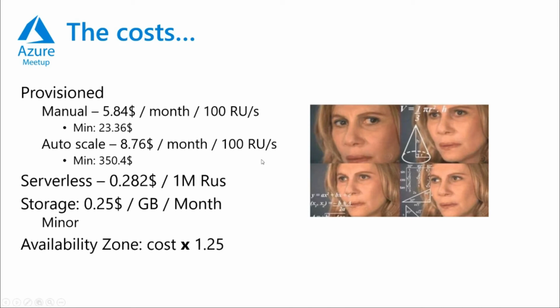Another way to handle that is to go with the autoscale model, which basically says, okay, I will manage that. You don't have to pay for the maximum capacity that you have. We will handle that, but the downside of that is that you're going to be charged close to double what you're used to, which is not fun.